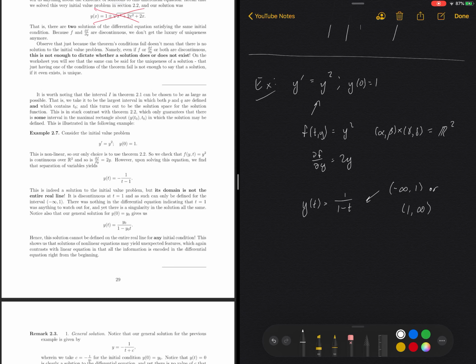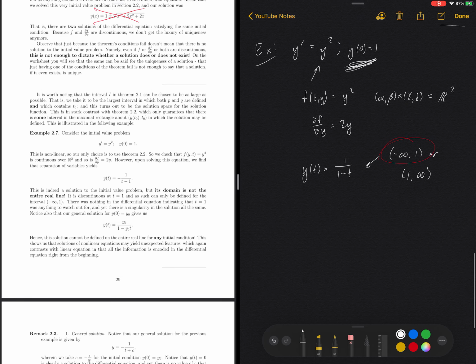This is only defined on the interval from minus infinity up to 1, or from 1 to infinity. And the one that we take is the one that contains t0. In this case, t0 is 0, which means I have to take the interval from minus infinity to 1, which means my solution blows up in a finite amount of time.